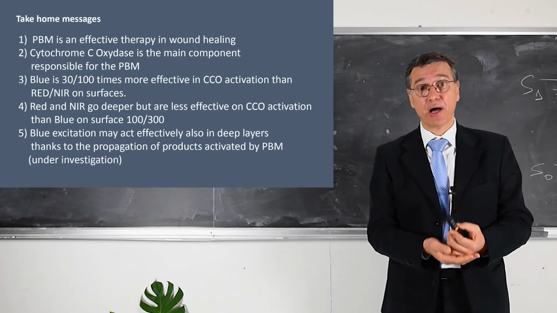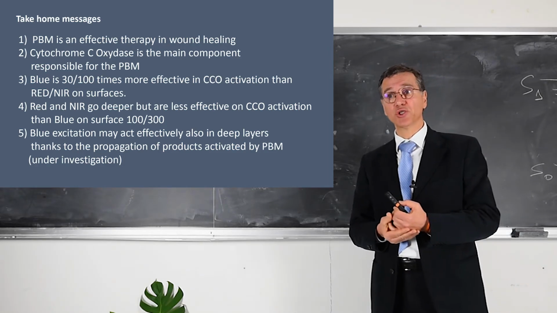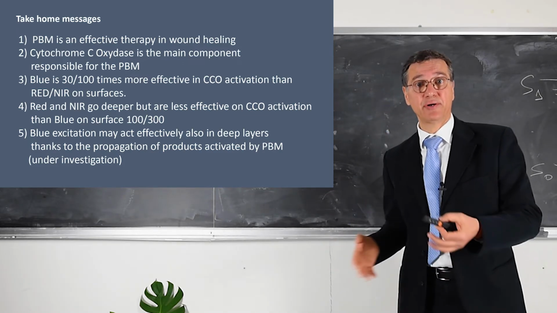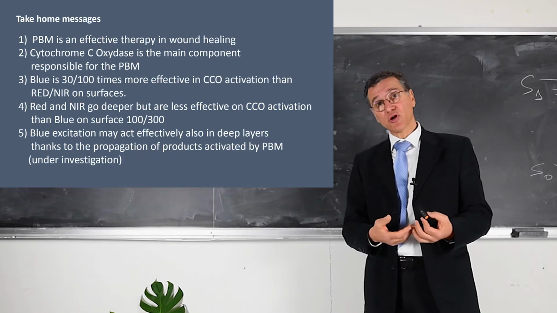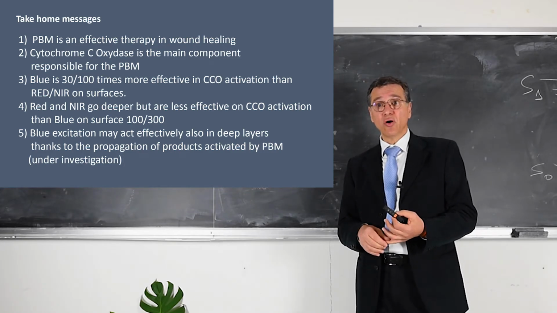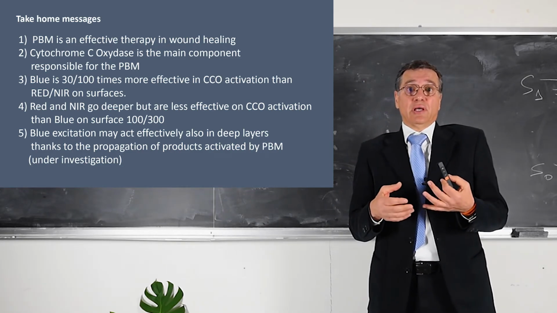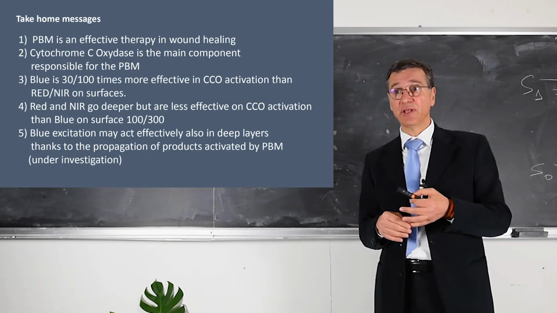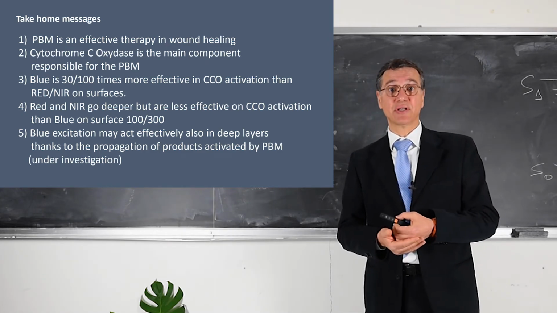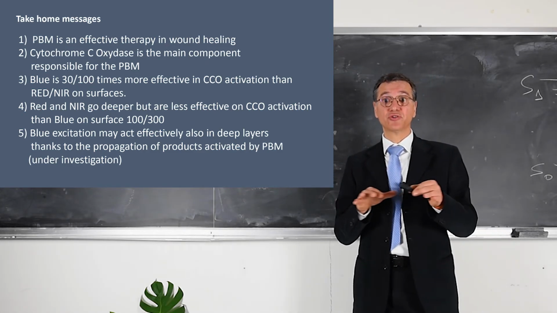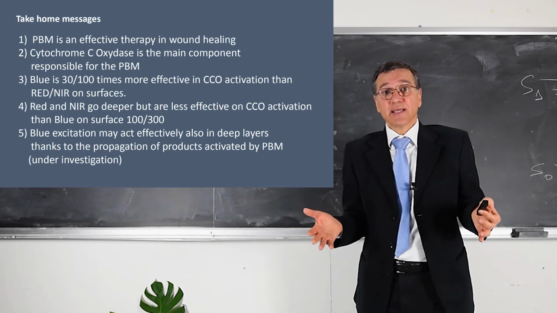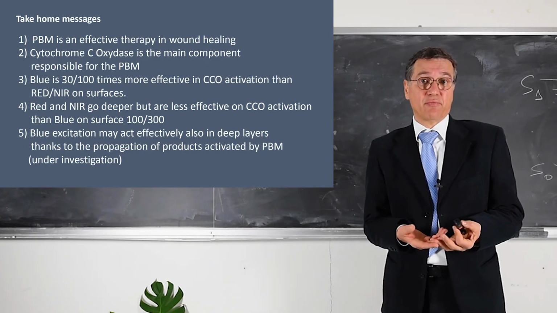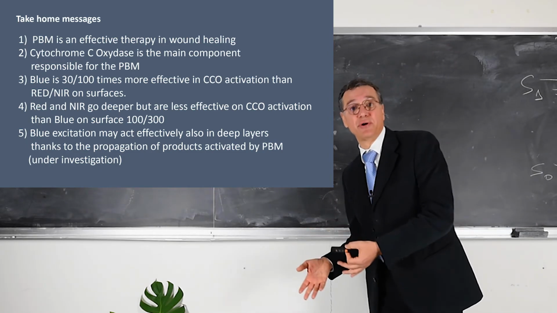And going deeper, also by using Monte Carlo simulation, we can see that even if the red and the near infrared go deeper, the cytochrome absorbs much less. And so the capability to excite the cytochrome deeper with red and near infrared is from 100 to 300 times less than the blue on the surface. So we can say that blue excites much more cytochrome, but blue doesn't go deeper.